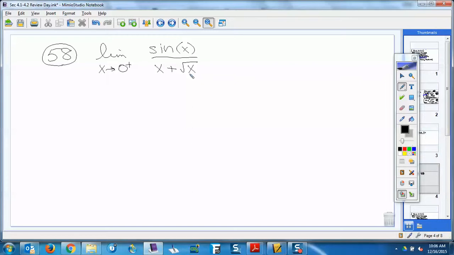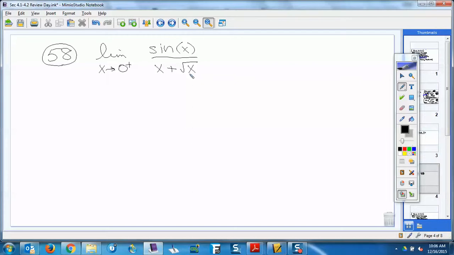Now, oftentimes when you get 0 from the right or something from the right or the left, it has to do with domain, kind of like that natural log we had yesterday. So there's nothing really different or special you have to do here, but why would they want to do 0 from the right on this one? Because you can't have it. Right, you can't do square root of negative.